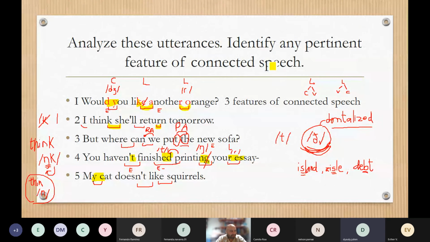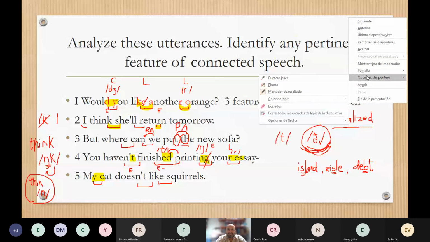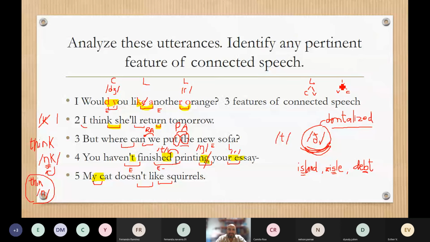My cat. Do you say my cat or my cat? Linking, teacher?